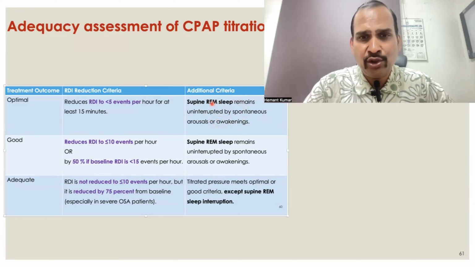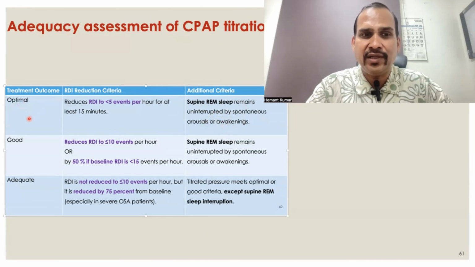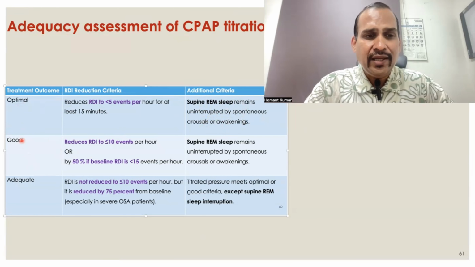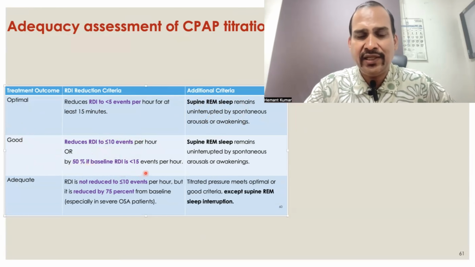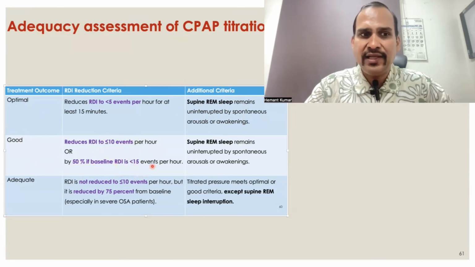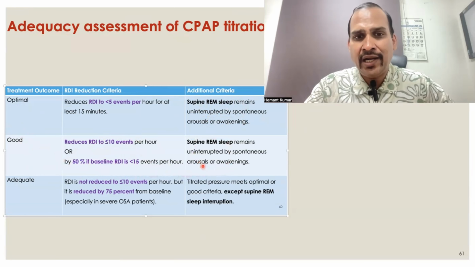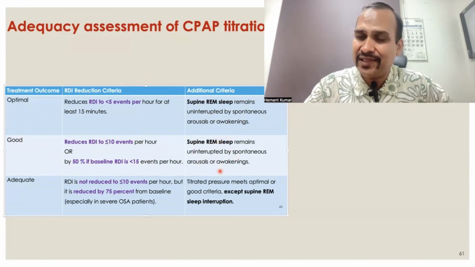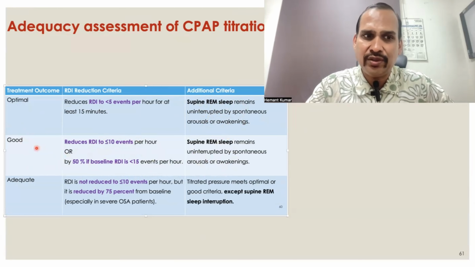It should not be interrupted by arousal or awakening. Then only can we say optimal. What is good? If AHI is reduced to less than 10 events per hour, or there is 50% reduction and RDI is less than 15, then we can say it is good. But again, the patient should have uninterrupted supine and REM sleep. Then only can we say good.